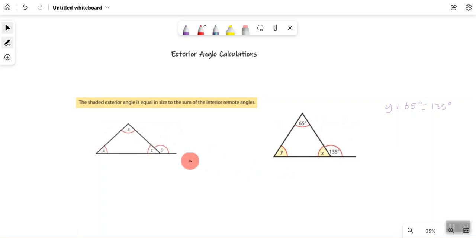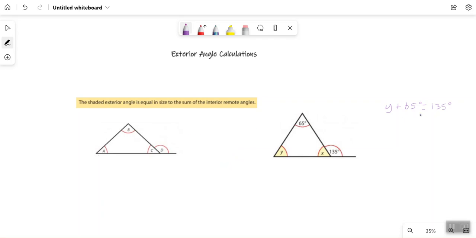With any of the triangles we'll be working with, the exterior angle will be equal to the sum of the two interior angles, which are these angles opposite here. So we can use this to work out what y is.